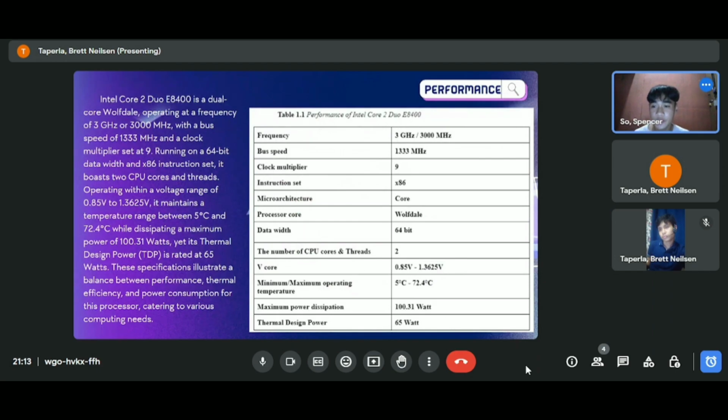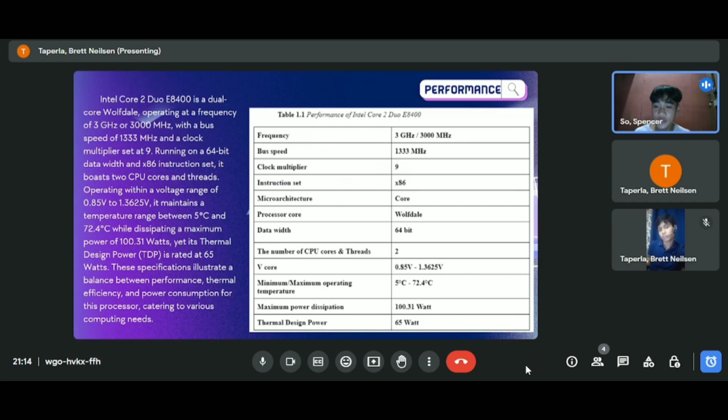So, in terms of performance, the Intel Core 2 Duo E8400 is a dual core Wolfdale, operating at a frequency of 3 GHz or 3000 megahertz with a bus speed of 1333 megahertz and a clock multiplier set at 9, running on a 64-bit data width and x86 instruction set. It boasts two CPU cores and threads, operating within a voltage range of 0.85 volts to 1.3625 volts.